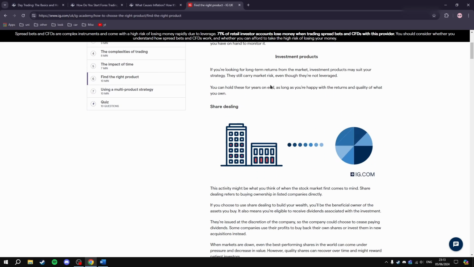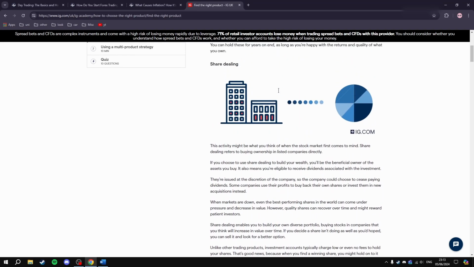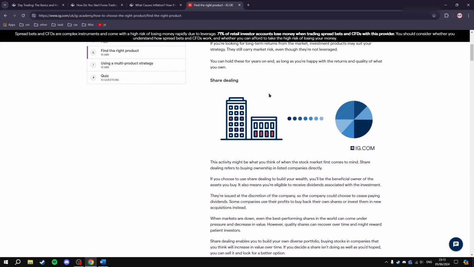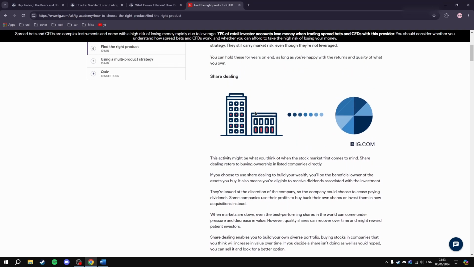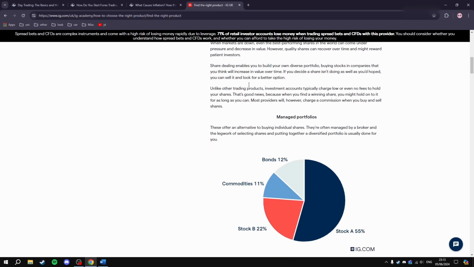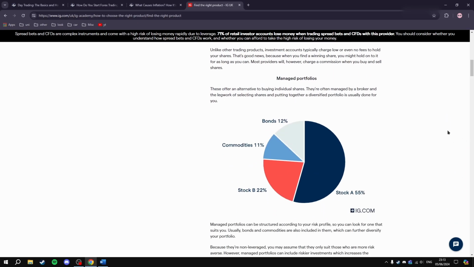Right, okay, so investment products. Share dealing is when you do it yourself, so you choose which shares you want to buy and sell. Whereas with portfolios, a broker selects the shares to buy, and you just need to pay for it basically.